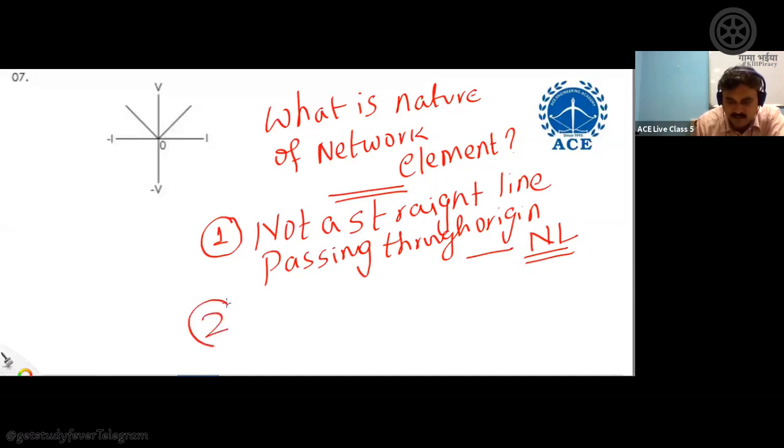Now, is it an active element or passive element? What is the condition of active elements and passive elements? How we can confirm whether the network element is active or passive? So what I told, if you take a product of current and voltage, if the product happens to be negative, then it is active. If the product happens to be positive, then it is passive. So you can see in the graph, in the first coordinate, product of V and I are positive.